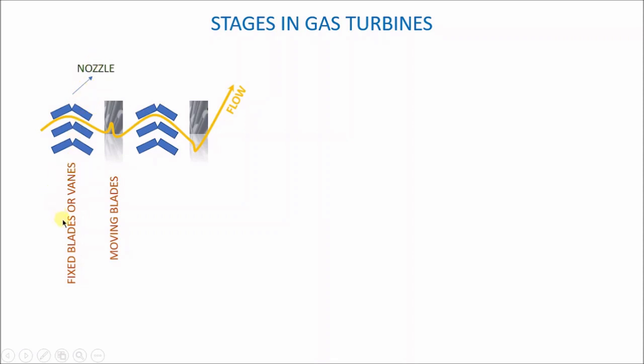So when you are dealing with a two-stage velocity diagram, the flow of the gas will be from the nozzle into the first row of moving blades, out of the first row of moving blades, into another row of fixed blades, and out of the row of fixed blades, and then into the second row of moving blades, and out of the second row of moving blades, and out of the turbine, okay? So that is what you have when you're dealing with a two-stage gas turbine.